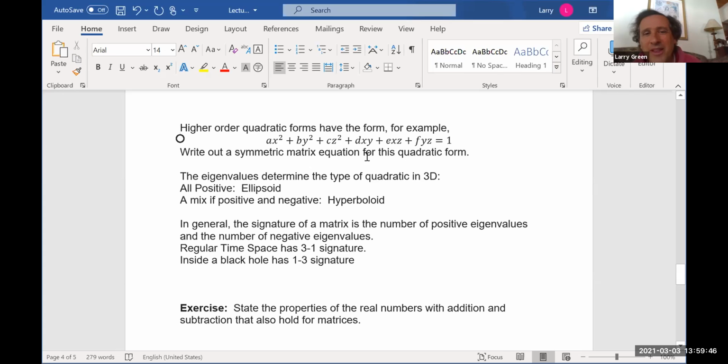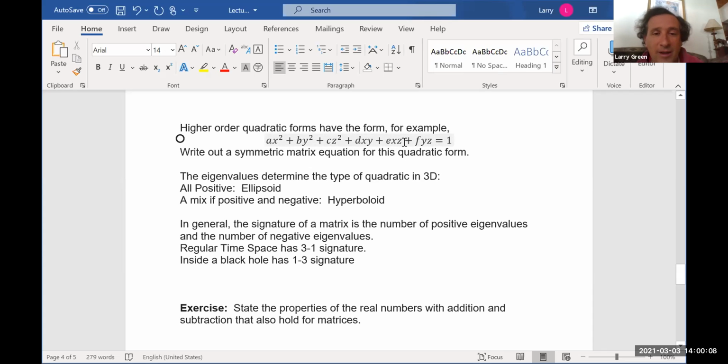Now comes the fancier piece. What if you have more terms, an xy term, an xz term, and a yz term? Then it's much harder to look at it and decide whether it's an ellipsoid or hyperboloid. Do you agree?